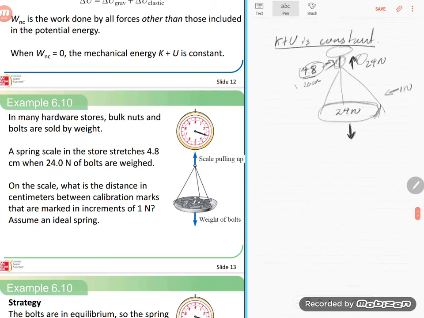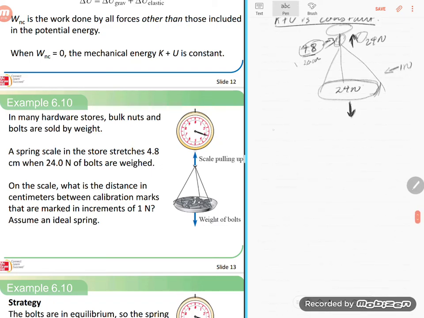Okay, so let's first find k. K is the spring constant of this spring, so k is equal to minus Fx over x. We have here 24 and 4.8, but one of them is negative, so it should be negative 24 over 4.8.